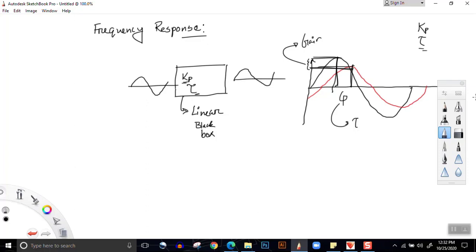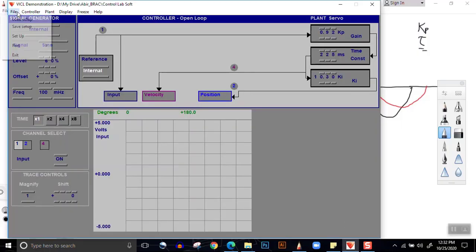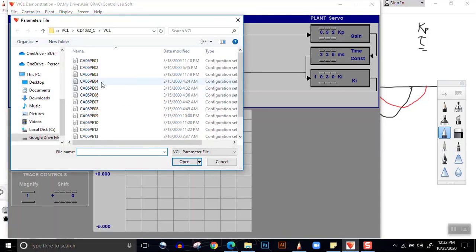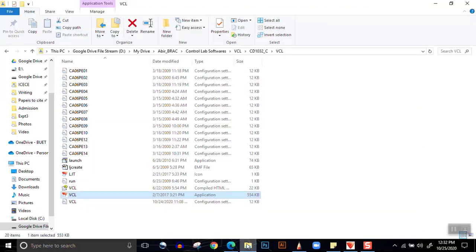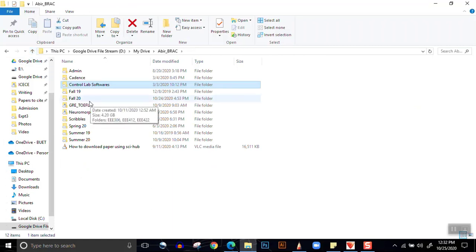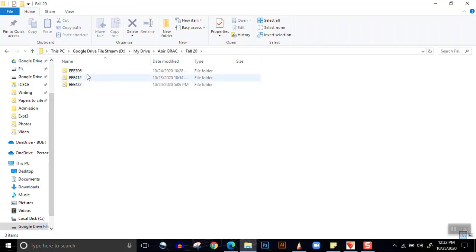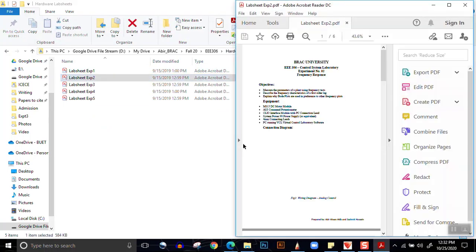Let us move to the software at the beginning. From the software, we'll go to File, Load Setup, then load experiment CA06P04. Let us look at your lab sheet first: the Triple 306 hardware lab sheet, experiment 2.